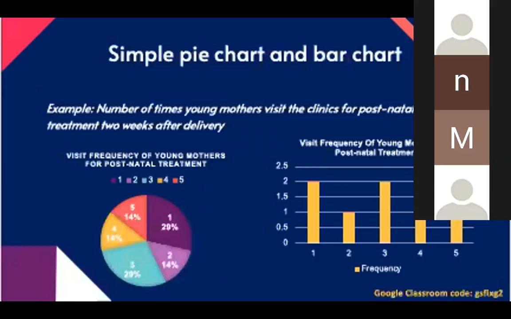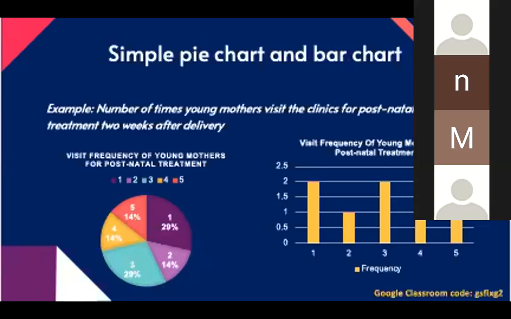So last but not least, I think is the simple pie chart and bar chart. For example, we use the data of the young mother visit earlier. You have the option to report in pie chart or bar chart form as well to show the distribution much clearer.